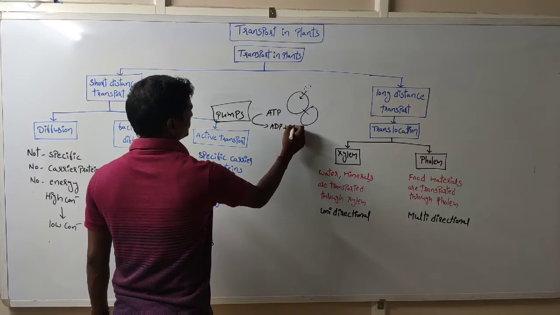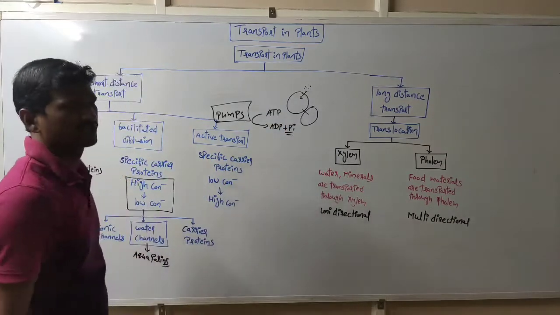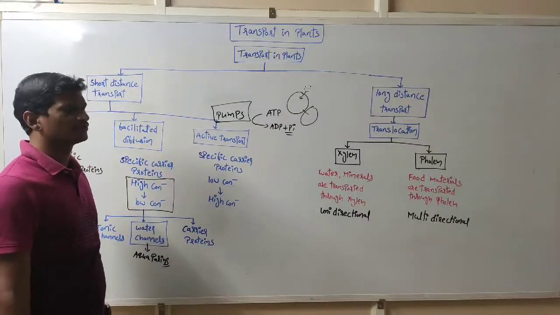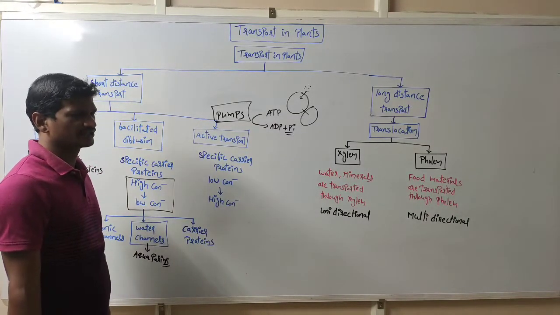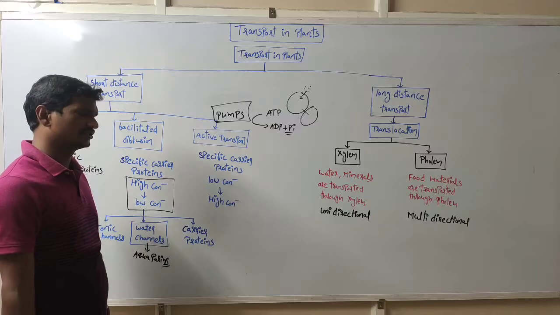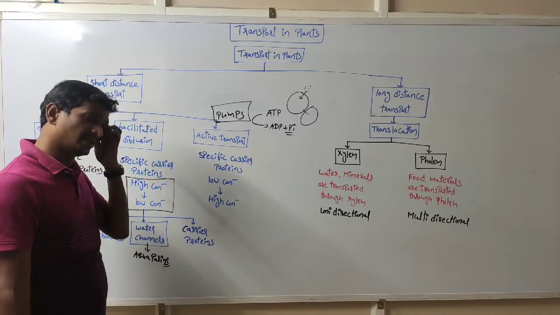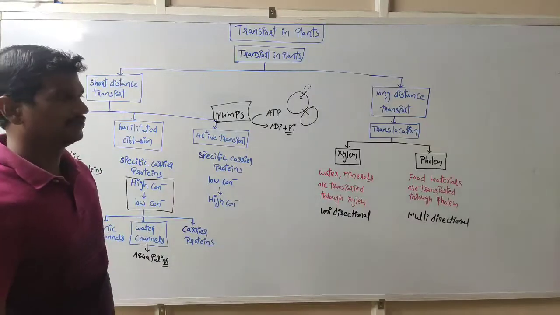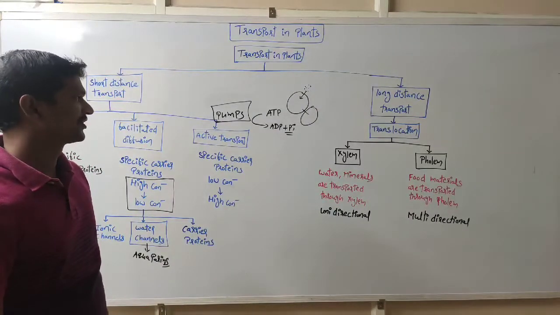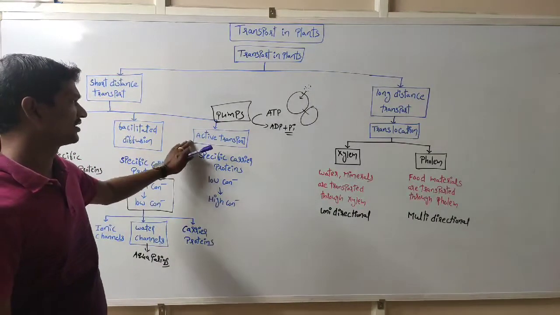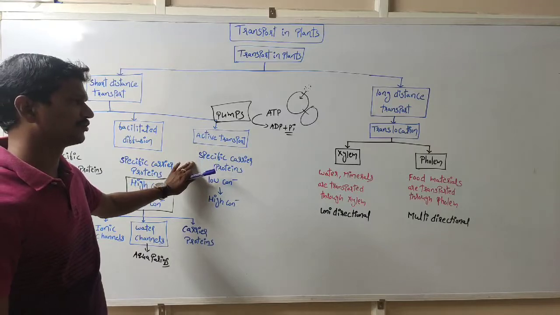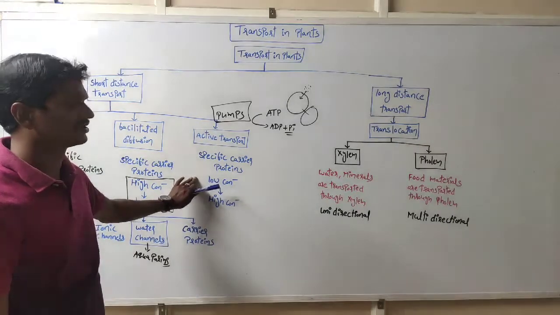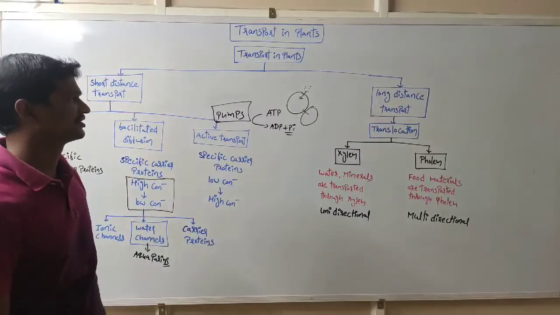The ATP is converted to ADP plus P. Here, energy utilization takes place, and the molecules are transferred from low concentration region to high concentration region. This is quite opposite to all the remaining transports. So the active transportation is a specific transportation, and molecules are transported from low concentration region to high concentration region.